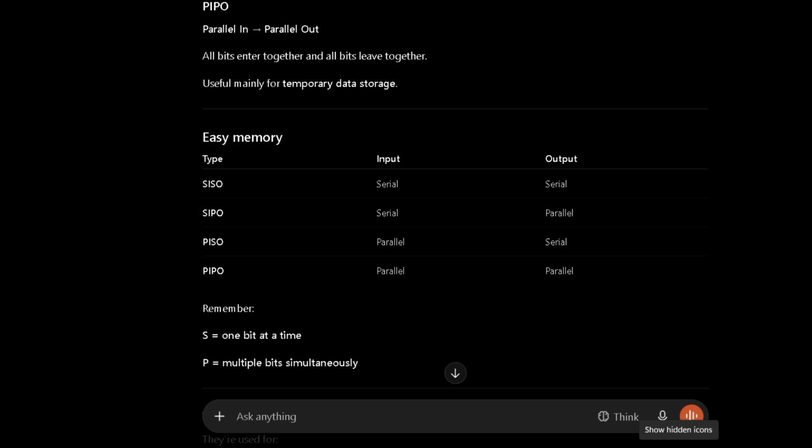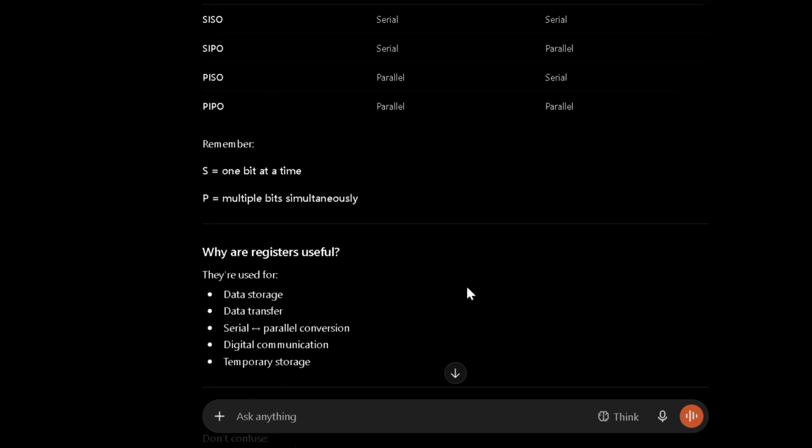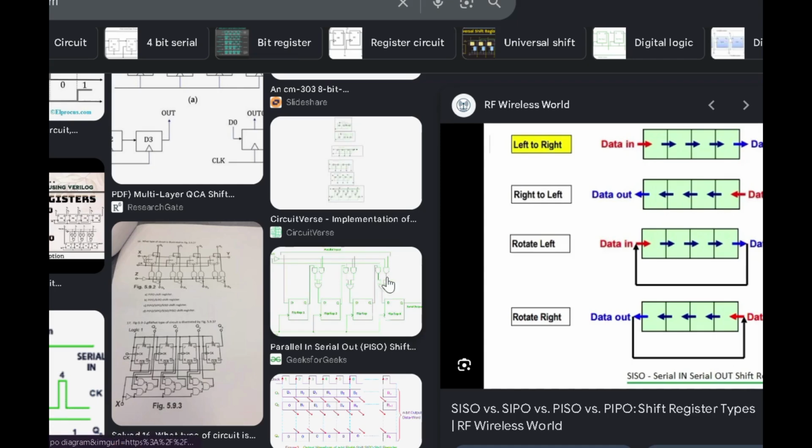In parallel in, serial out, multiple bits are loaded together and then shifted out one by one. In parallel in, parallel out, all bits enter together and all bits leave together.